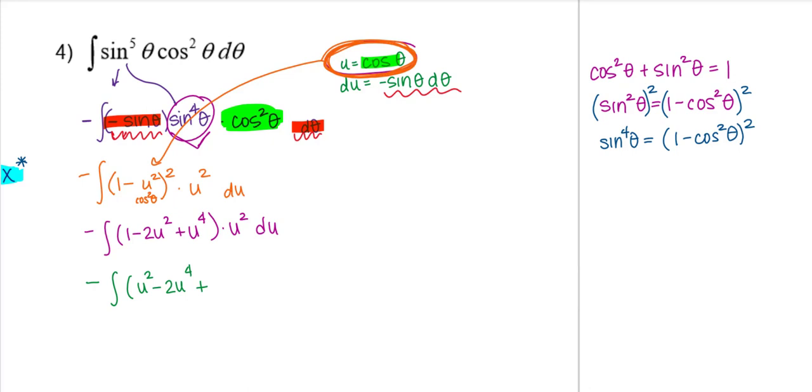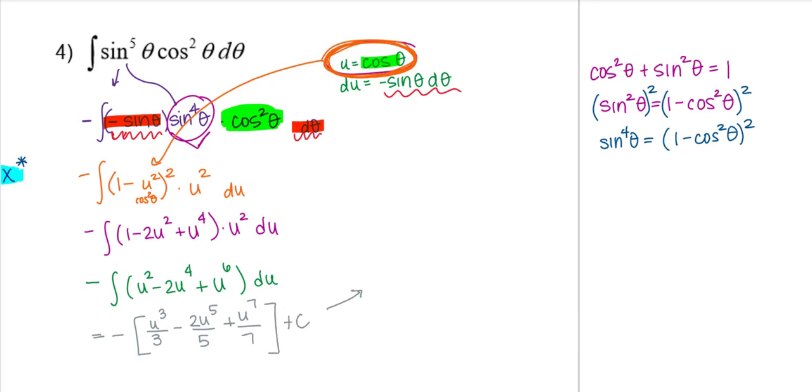When you are multiplying with the same base, you add your exponents, so be very careful with your exponent rules. And now I'm just integrating using power rule. A negative is on the outside. You can distribute it if you so choose. U cubed over 3, 2u to the fifth over 5, and u to the seventh over 7.